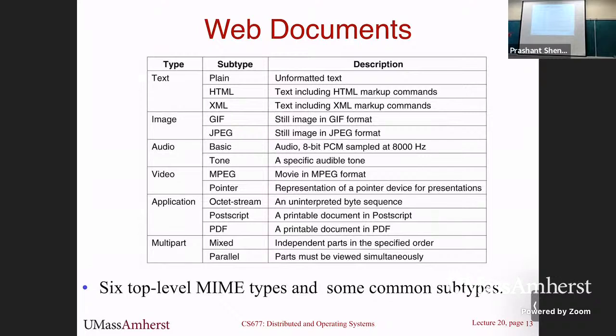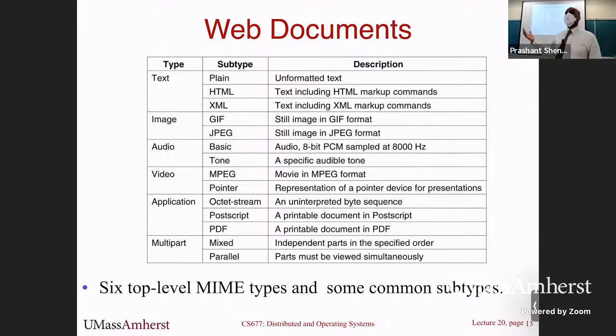So what this slide is showing is essentially the different types of objects or content you can retrieve from a web server. The simplest one is text content, of which you can, of course, get plain text file, but the most common one is HTML files. You can also get XML files, as we will see when we talk about web services. You can get image files, you can get audio, video, you can get other kinds of arbitrary binary applications or even PDF files, or you can have multi-part file.